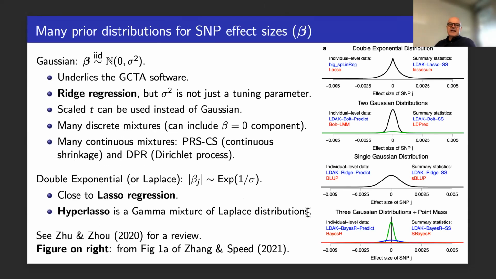But if you're in the game of this kind of shrinkage regression with prior probability distributions, I mentioned the assumption of symmetry of the prior, therefore mean 0, and independence is another assumption which is not obviously true. We're not talking about dependence due to LD.